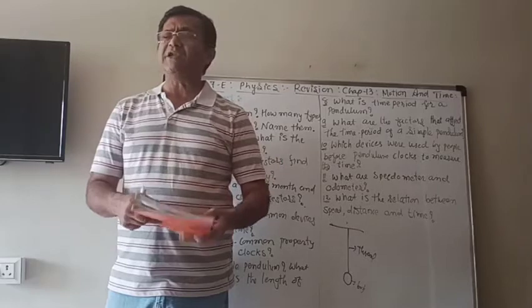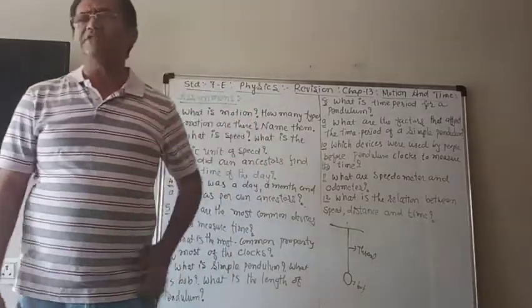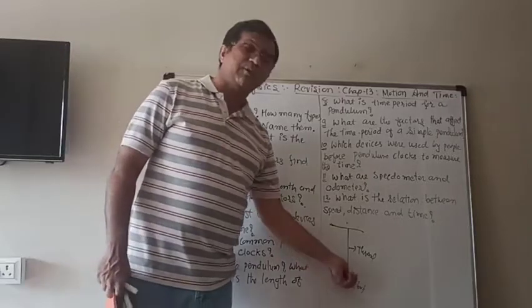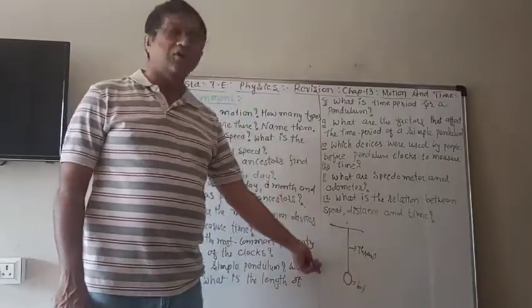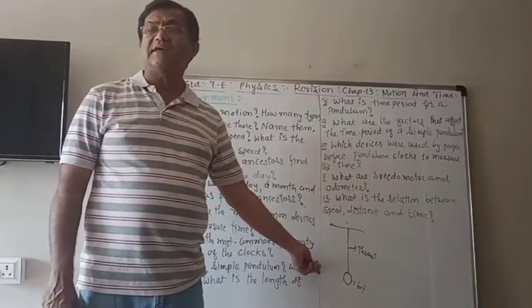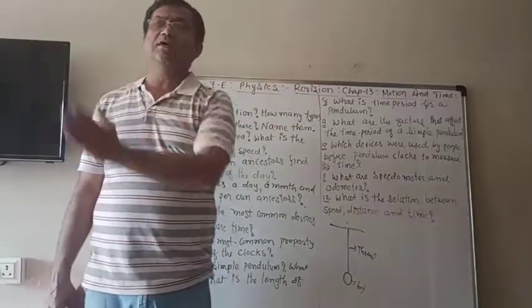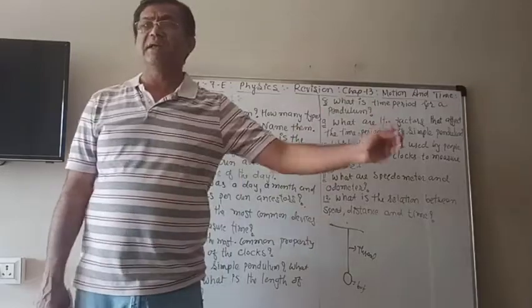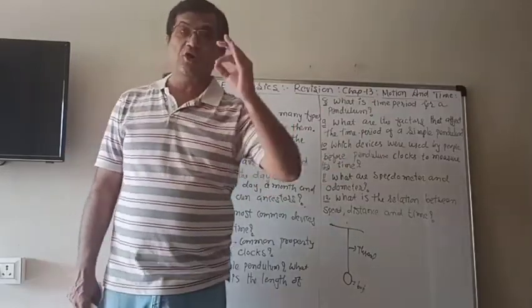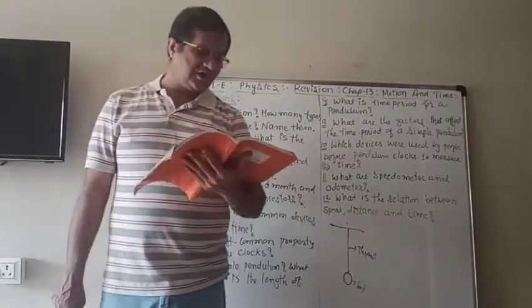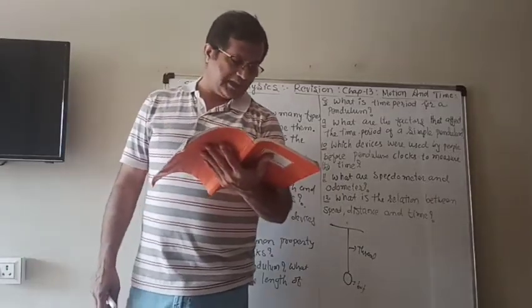Now, a simple pendulum does oscillatory motion. If you hold the bob, take it to one side and release it, it will go to and fro, and that motion is known as oscillatory motion.